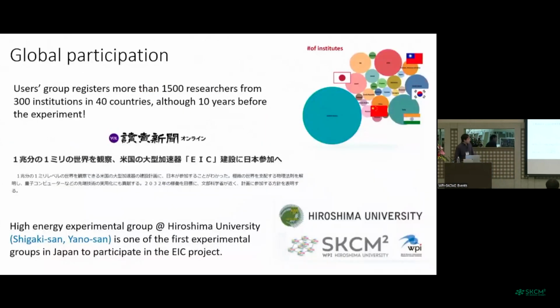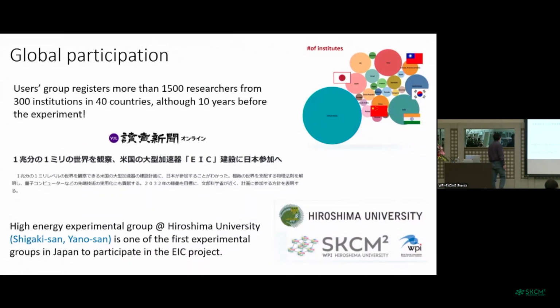But already there's a lot of interest in the world, and so there's an EIC users group, and more than 1,500 people are registered in this users group from 300 institutions in 40 countries, even though we are still 10 years away from the experiment. And I think last year, Japan also expressed interest in participating in this experiment.